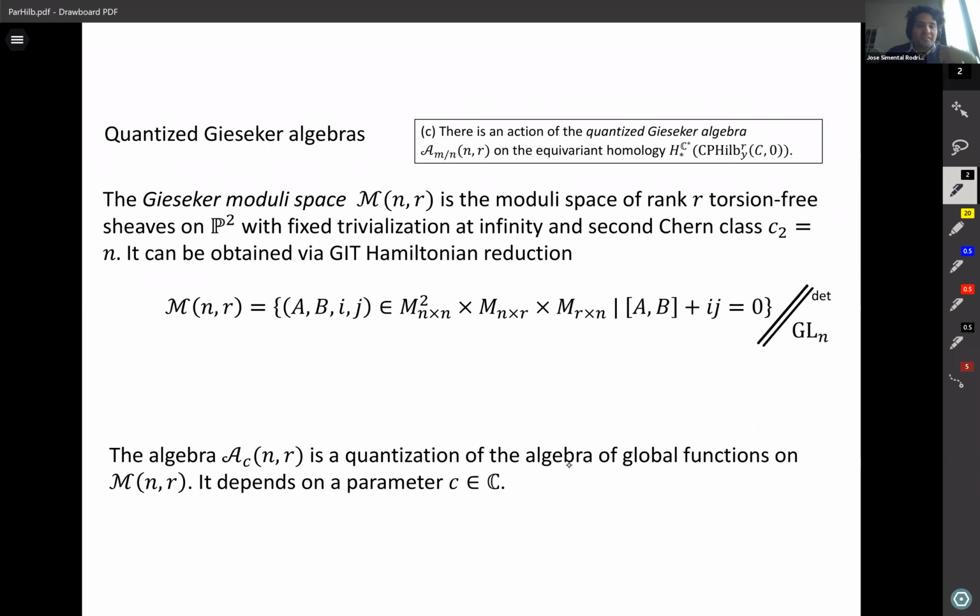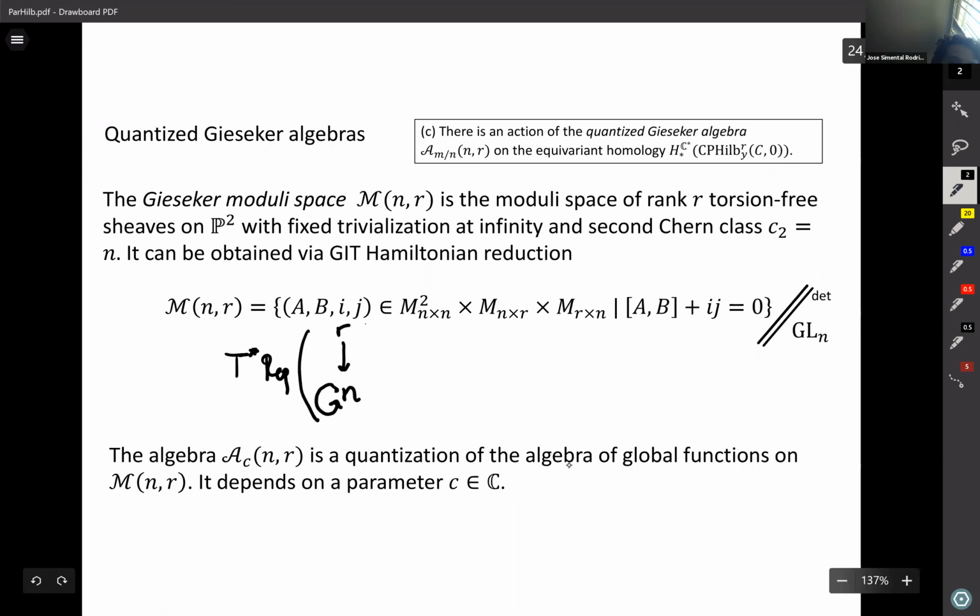The way I think about these things is in purely linear algebraic terms. We can see that this is isomorphic to the following quiver variety. I didn't draw the quiver, I will do it right now. So I have A and B, which are n by n matrices, and I and J, which are R by n and n by R matrices. So what I have here is a cotangent bundle of the representation space of this quiver.